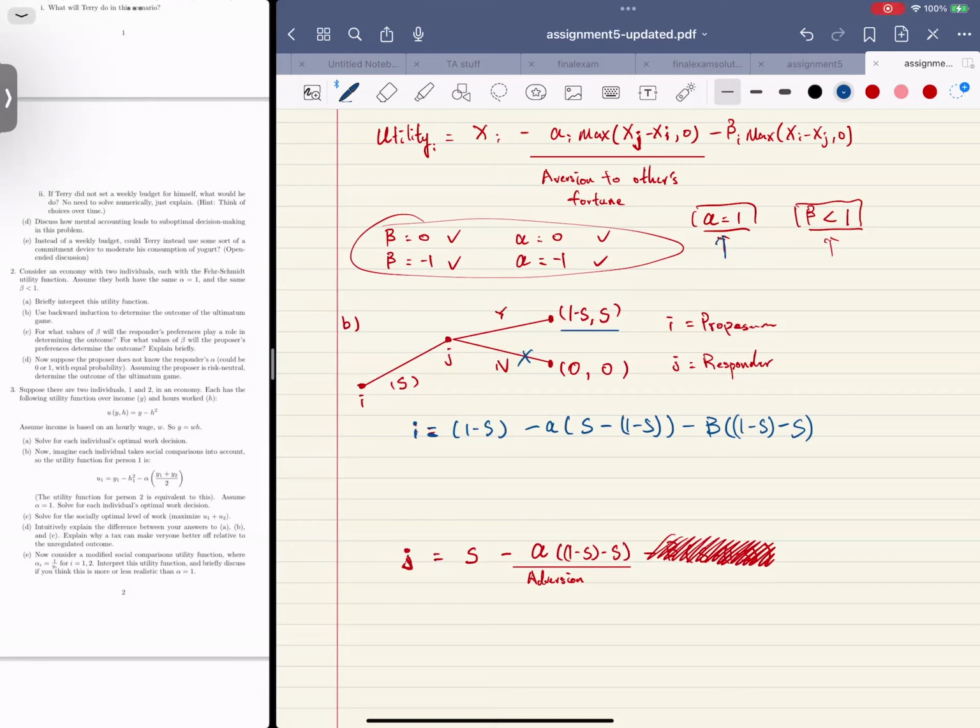We know that alpha is 1, right? So is there ever a scenario where the proposer will give more than 1/2 to the responder? Is there a scenario that I will give half to J?